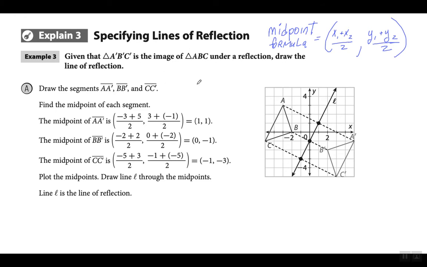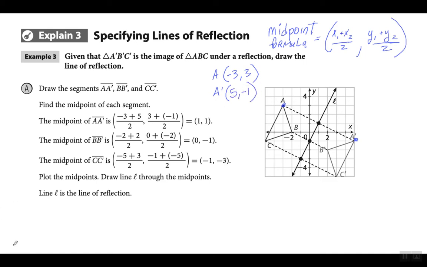So for example, here, let's say we have to get the midpoint between A and A prime. A is located at -3, +3, and A prime is located at +5, -1.